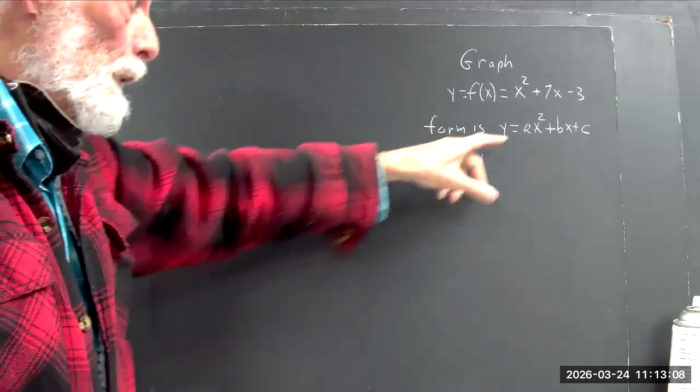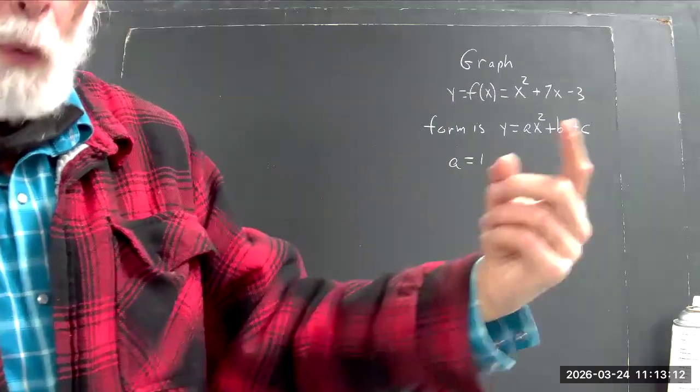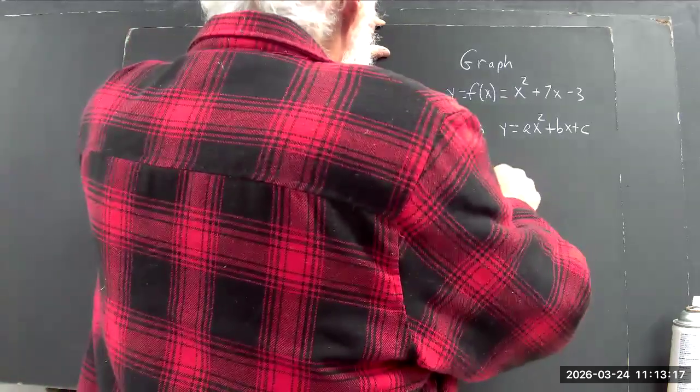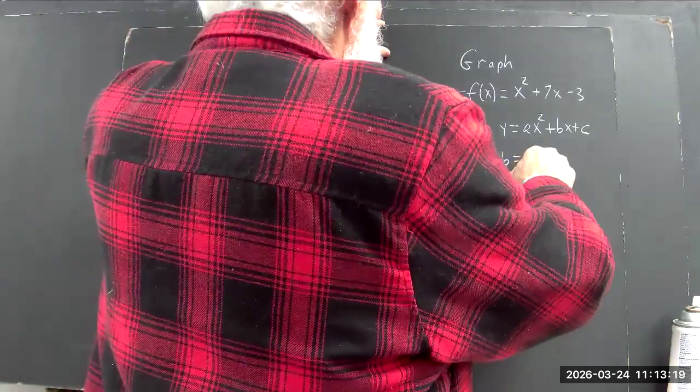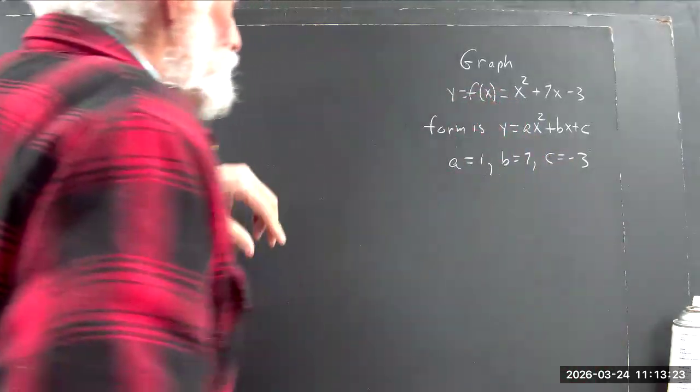A equals 1 because what's in front of x squared? Well, there's nothing in front of x squared. That means you just got 1x squared, right? And b equals 7. And c equals -3.